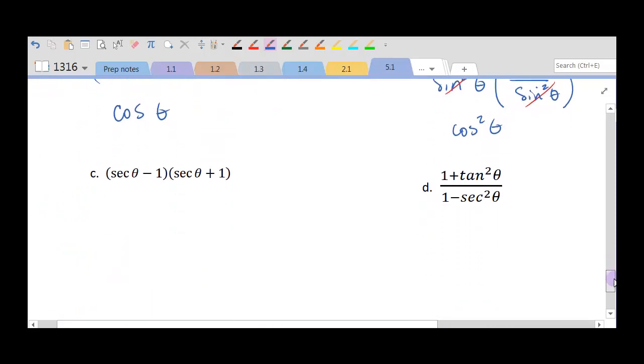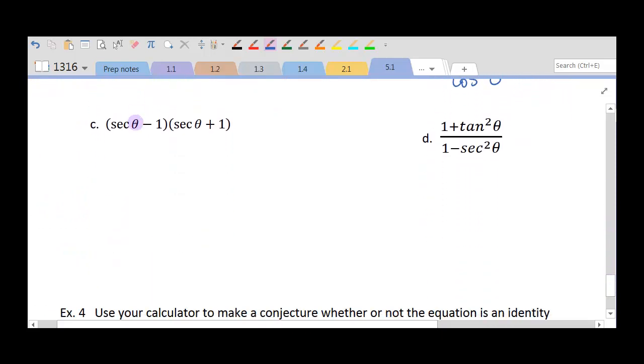Let's look at this next one. Here I have a binomial multiplied by another binomial. In it, secant theta appears in both of them, and 1 appears in both of them. Anytime you have something that looks like this, you might want to think about FOIL. What happens if I FOIL these two terms together?